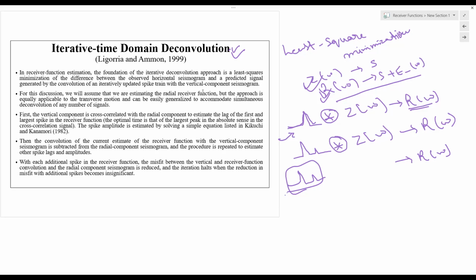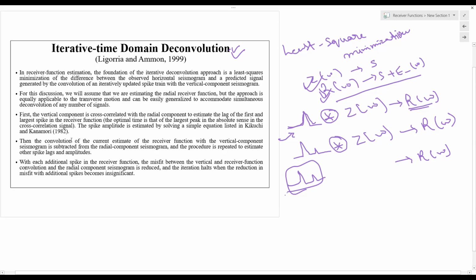In this process, first the vertical component is cross-correlated with the radial component to estimate the lag of the first and the largest spike in the receiver function. The spike amplitude is estimated by solving a simple equation listed in Kikuchi and Kanamori 1982.